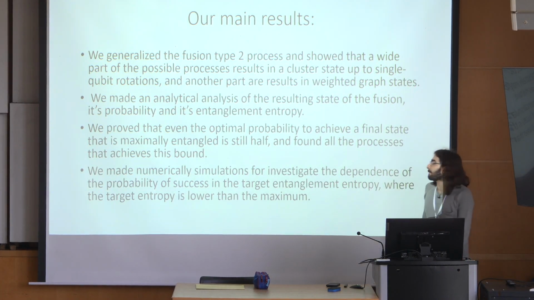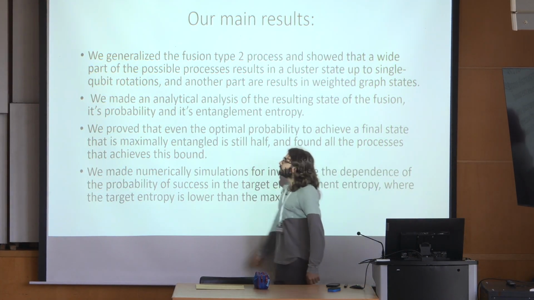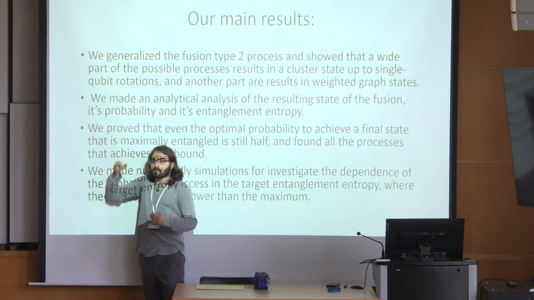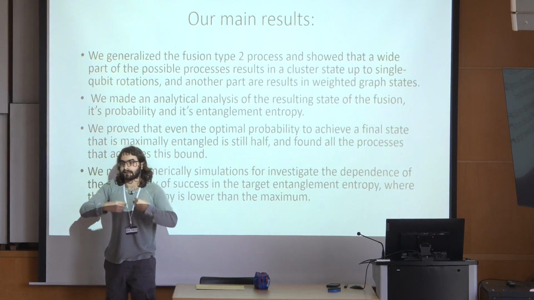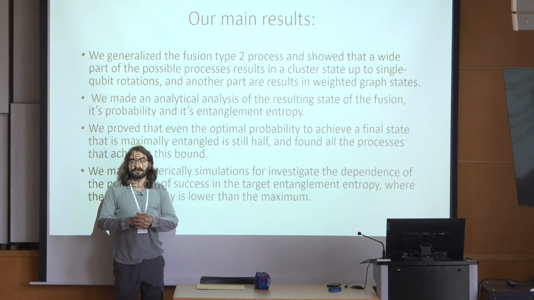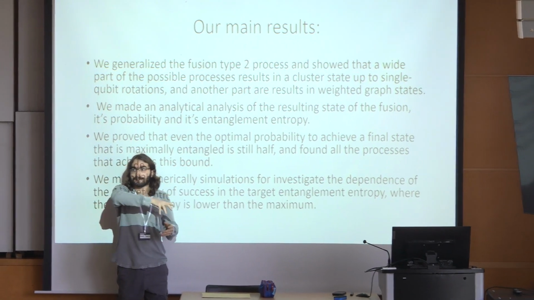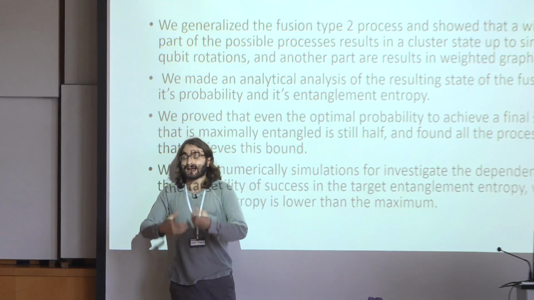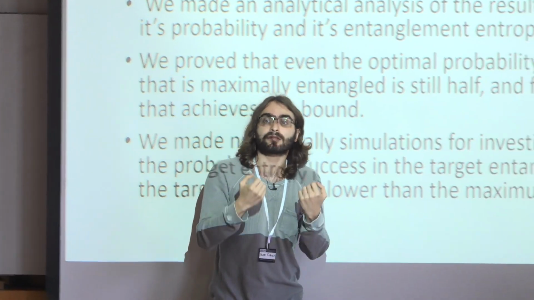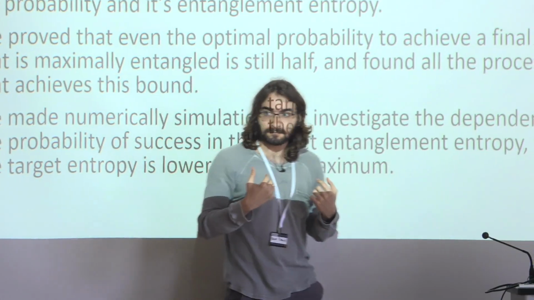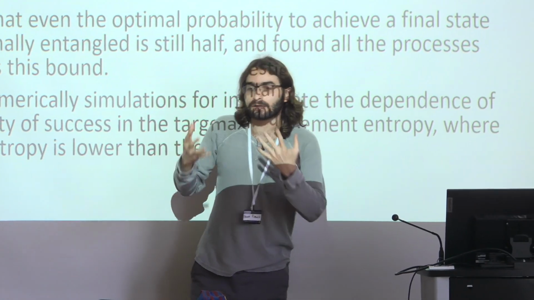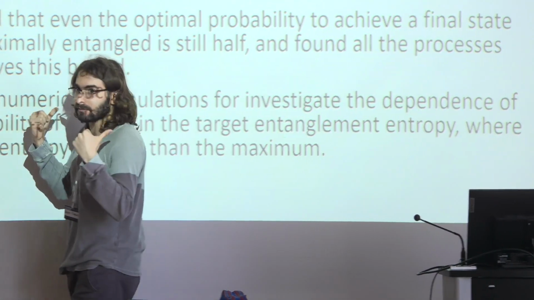So what we did, we actually showed that there are more ways to get a final state that is a cluster state by doing a projection onto a 2-qubit state that is not necessarily a Bell state. It must be a maximally entangled state. I will explain in a minute why.